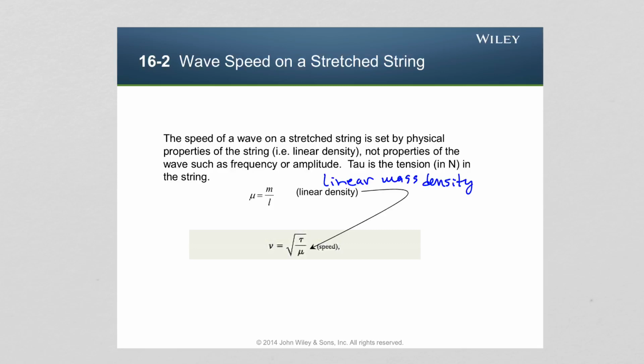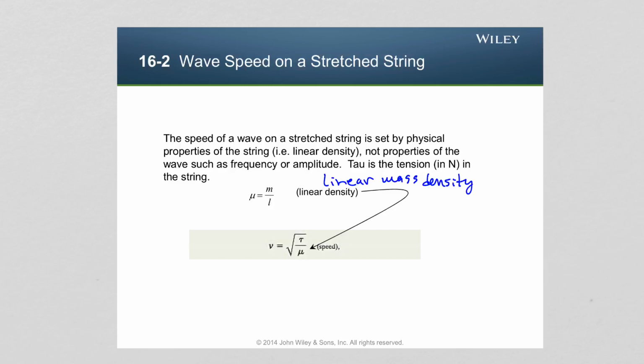Now, if you loosen up the string a little bit and you pluck it again, you will discover that the pitch of the sound is different. And so this is related, as we will see later, to the speed of propagation of the wave in the string. And so tighter string, higher speed, looser string, slower speed.